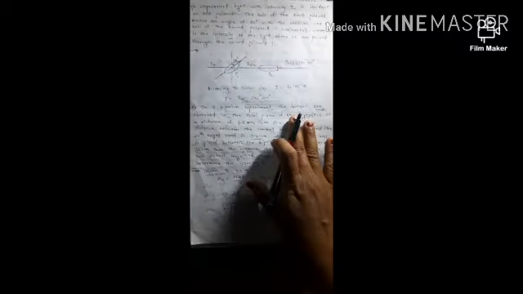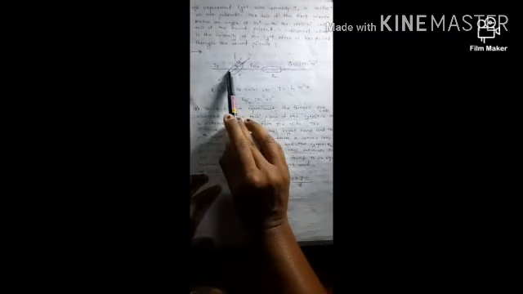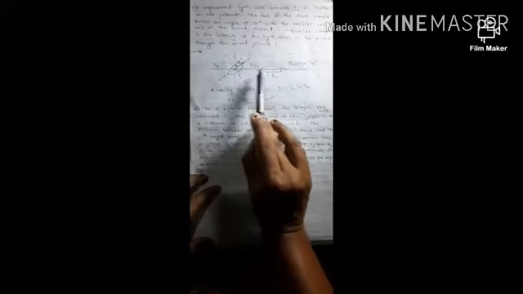Next example. Unpolarized light with intensity I0 is incident on two Polaroids. The axis of the first Polaroid makes an angle of 50 degree with the vertical. So this is unpolarized light which is incident on the two Polaroids.